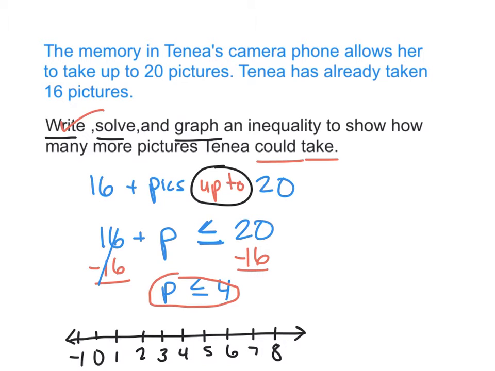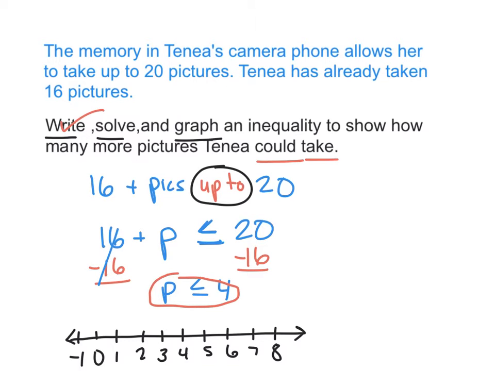When we shade these arrows for our solutions, we do that because all of the numbers either greater or less than work, and we're talking about real numbers here. So things like fractions, decimals, negatives, those make sense when there's no context. This particular problem, some of those numbers won't make sense for us.